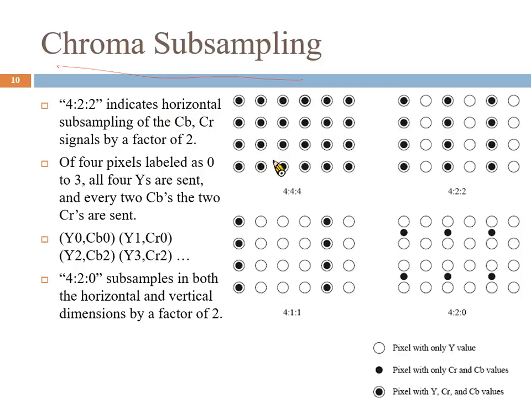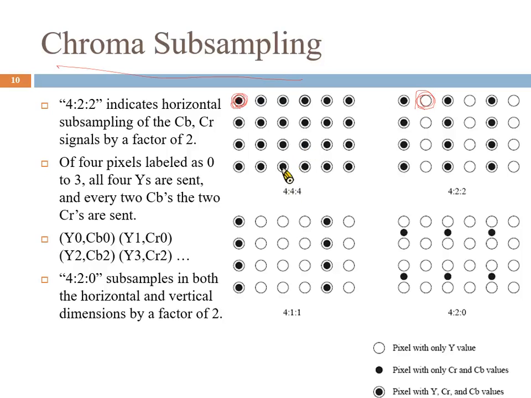Here are some examples. If for each pixel we represent its intensity as well as the chroma, we use such a representation. And if we just represent intensity information, we use this representation.